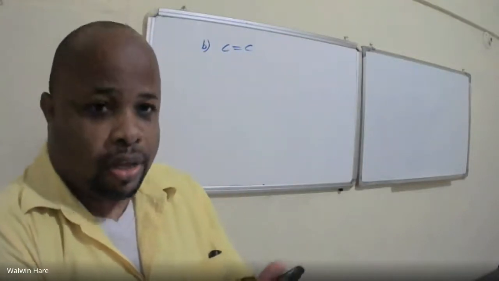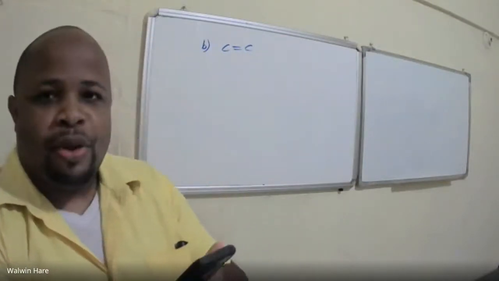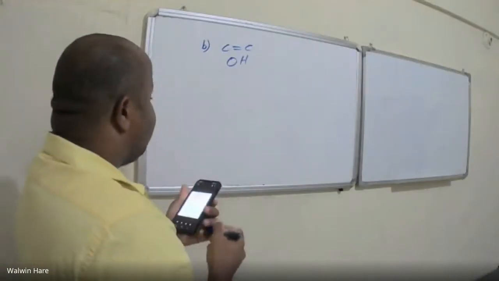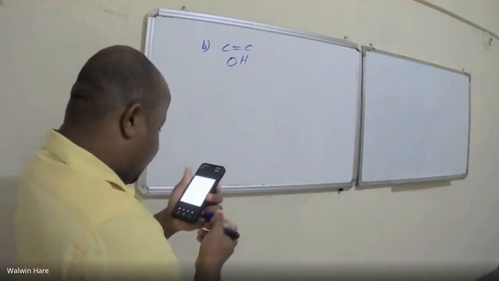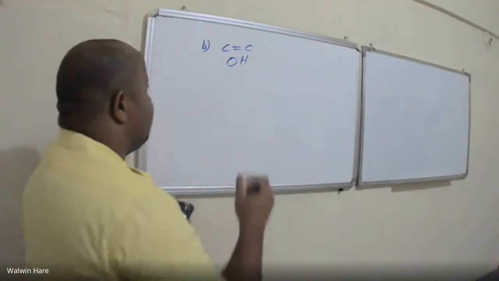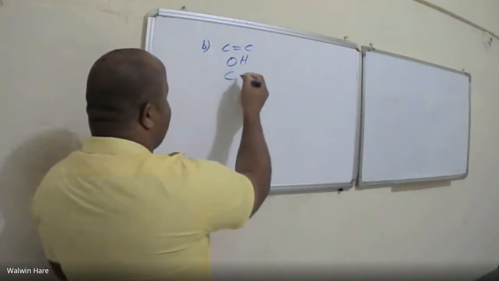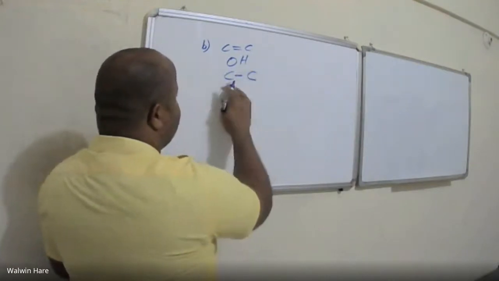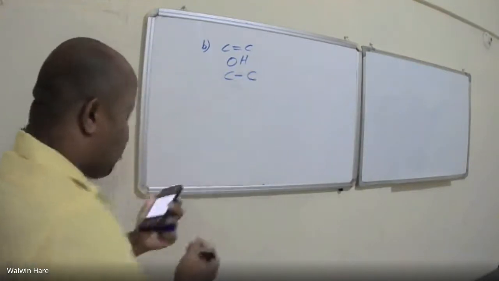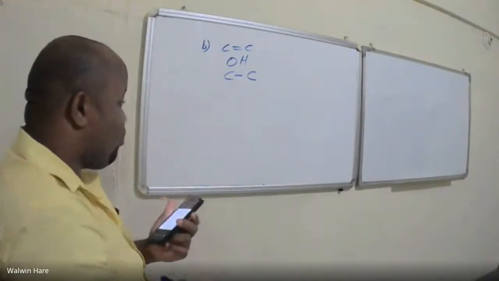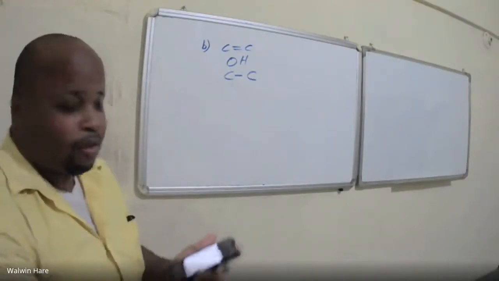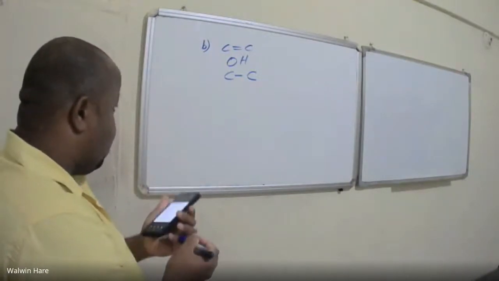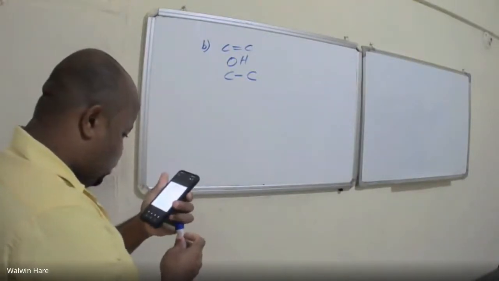Okay, right? Go ahead. We're saying the alcohol, the OH. So the carbon to carbon double bond is present in both, and the OH is present in both of them. And for some reason, when we ask for functional groups, students ignore the carbon to carbon double bond, but remember, it is still a functional group for alkenes.